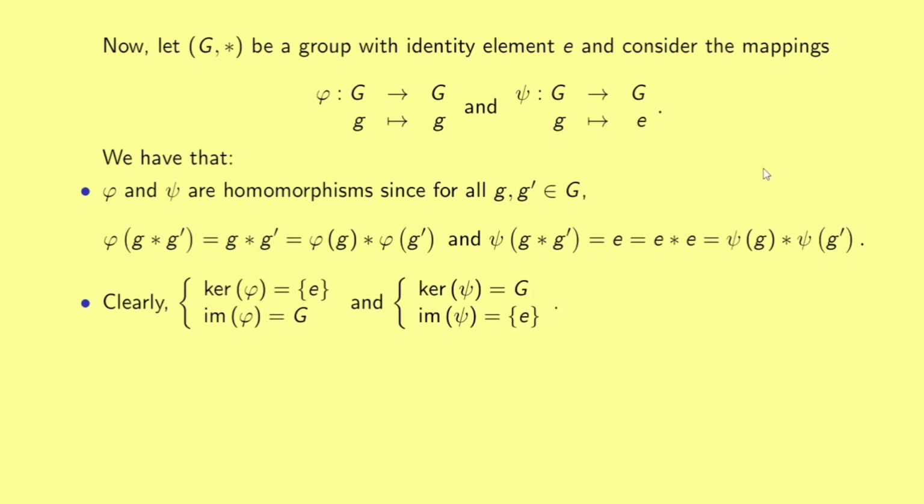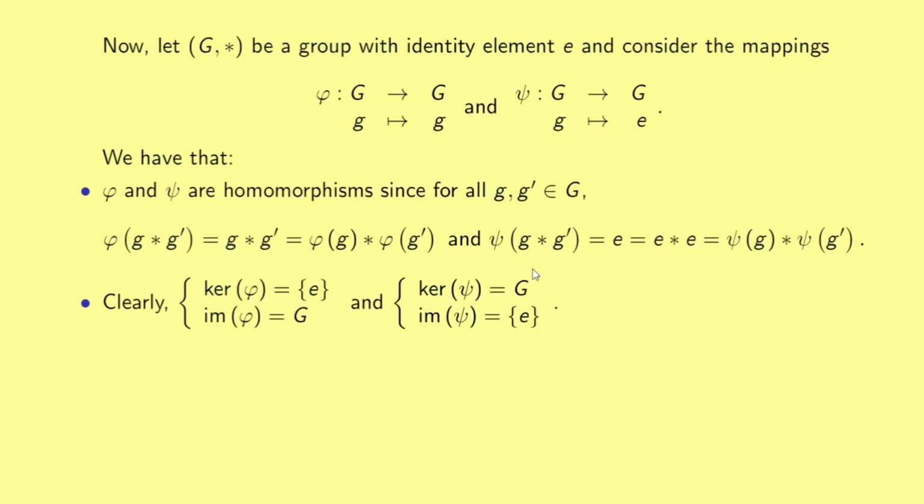Now, another trivial thing to see is that the kernel of phi is {E}, the set whose only element is E. Why? Because it's the identity mapping. It takes each element into itself, so the only element which can be taken into E is E itself. And the image of phi is G, because every element in G is itself, which is phi of g.